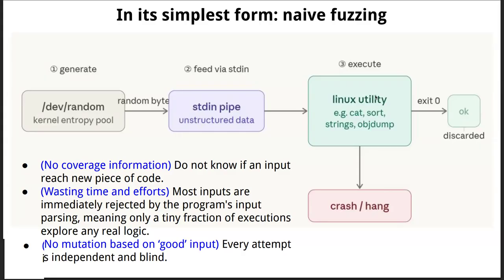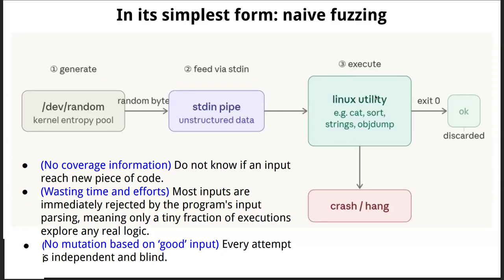In the previous approach, you treat the target program as a black box. You feed input into the program and see if it crashes, right? In that approach, we didn't look at the program itself. We didn't instrument it. We didn't try to understand what the program is doing. We just feed random data.